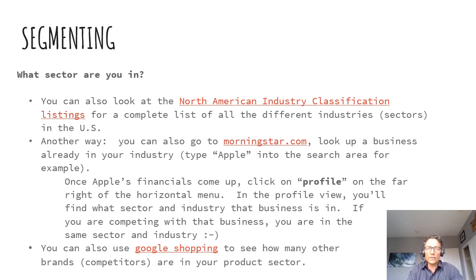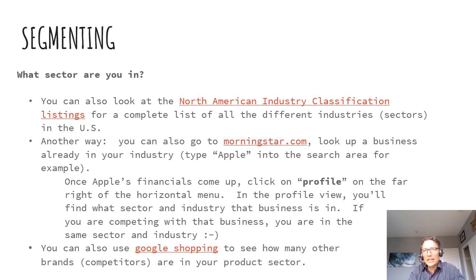Now to help you figure out, I have this product idea, what sector, what industry am I in? These are some sources. The underlined red text are links to websites.